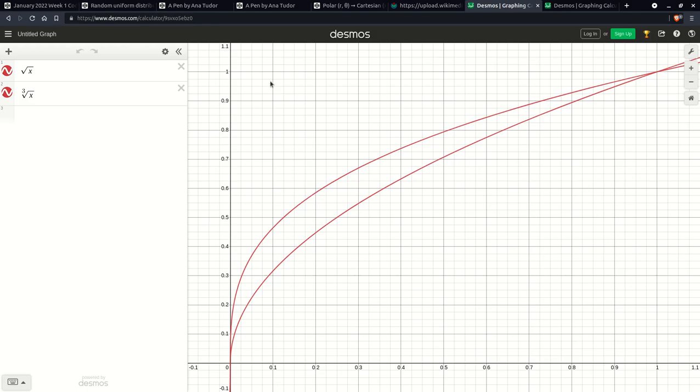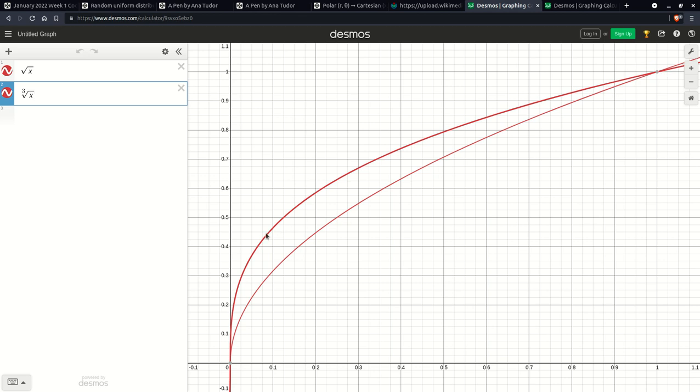Let me just show you that. So here we have the square root, right, highlighted there, and then the cubic root. And it's precisely the same idea. You can see how the distance between 0 and 0.1 is the same as the distance between 0.9 and 1. But the distance between the value at 0 and the value at 0.1 is a lot bigger than the distance between the value at 0.9 and the value at 1.